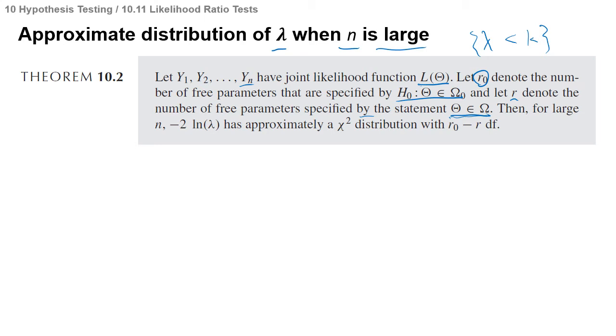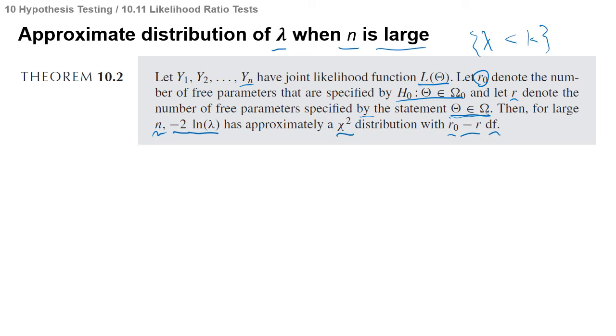Then for large n, minus 2 times ln lambda has approximately a chi-square distribution with R0 minus R degrees of freedom.